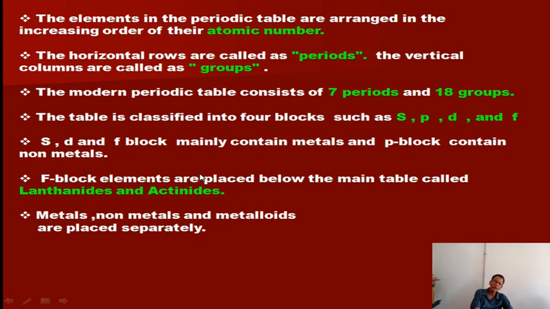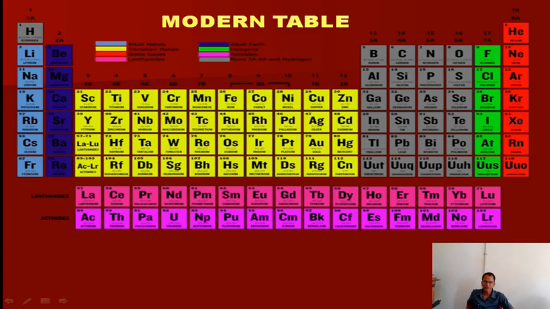And the F block elements are called lanthanides and actinides. And the metals, non-metals and metalloids are placed separately. Already we discussed metals, non-metals and metalloids, which are separated from each other. That means their position is fixed. Then you see this is the modern periodic table.